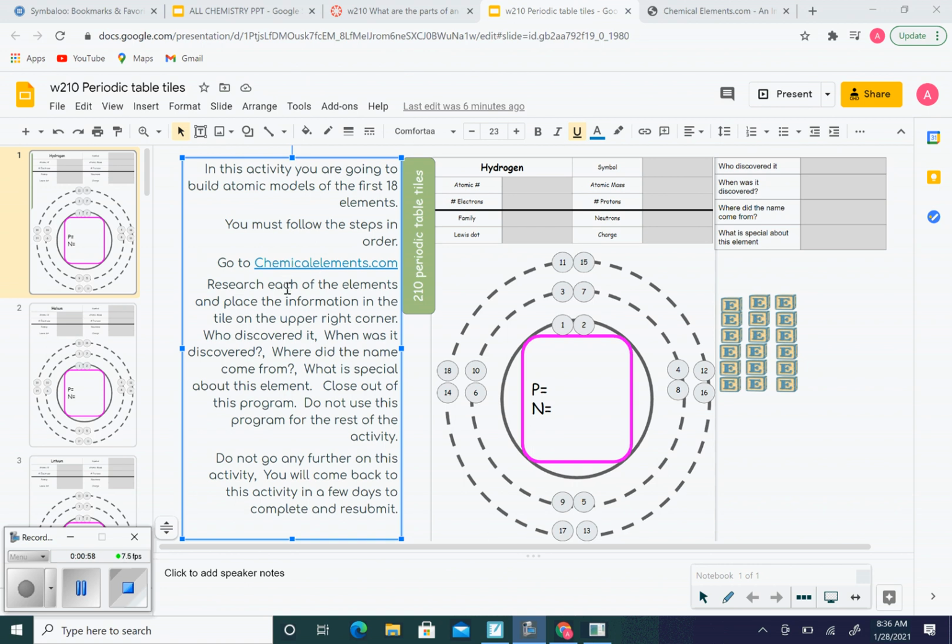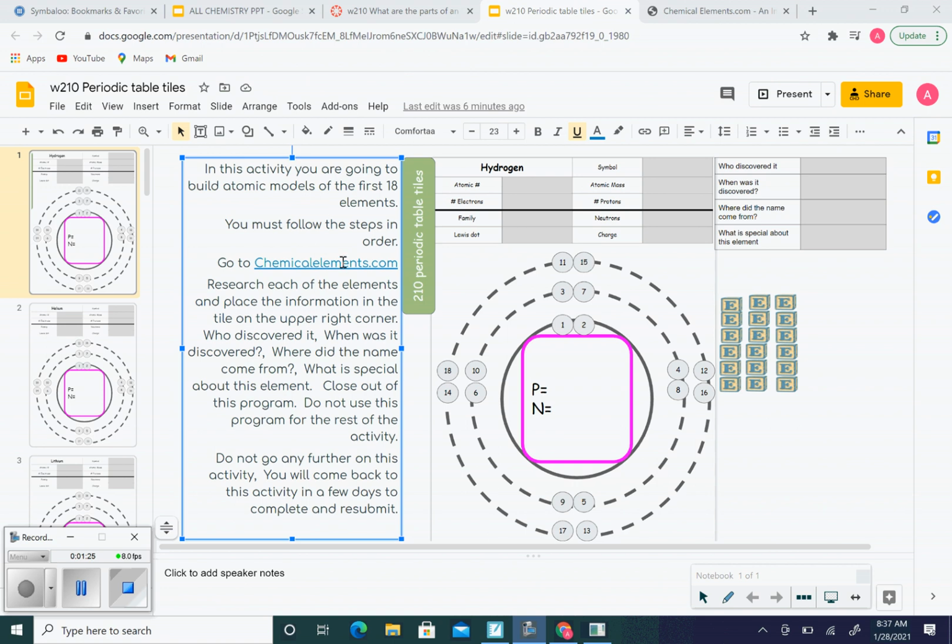You are going to research each of the elements and place the information on the tile on the upper right-hand corner. Who discovered it? When was it discovered? Where did the name come from? And what is special about this element? Close out of this program, then do not use the program for the rest of the activity. Don't go any further in the activity. You will come back to this activity in a few days to complete and resubmit.